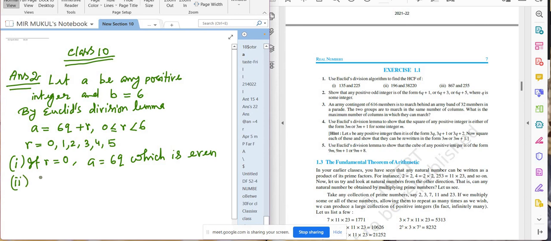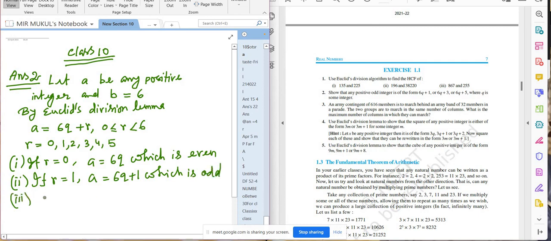If r equals 1, then a equals 6q plus 1. Afsana, is this number even or odd? Sir, odd. Odd, because after an even number, if you add 1, then you will always get an odd number. So which is odd.